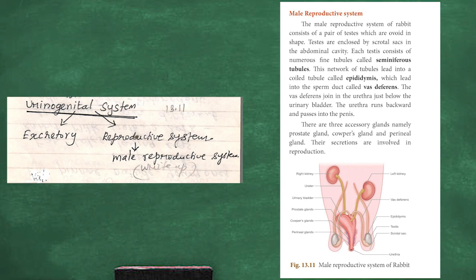You can remember this epididymis and then you add di, then you will get the word, okay, which leads into the sperm duct called vas deferens. Then you can see the diagram, everything is there. There are three important glands: prostate gland, Cowper's gland and perineal gland. Their secretions are involved in reproduction.